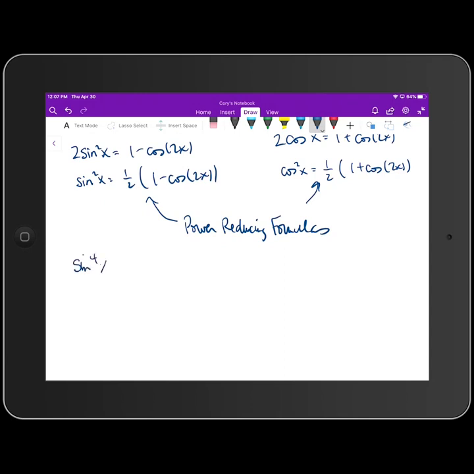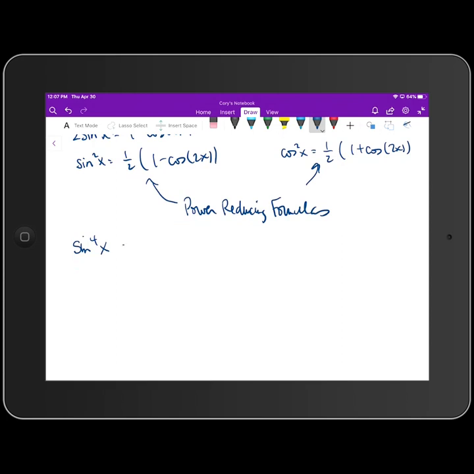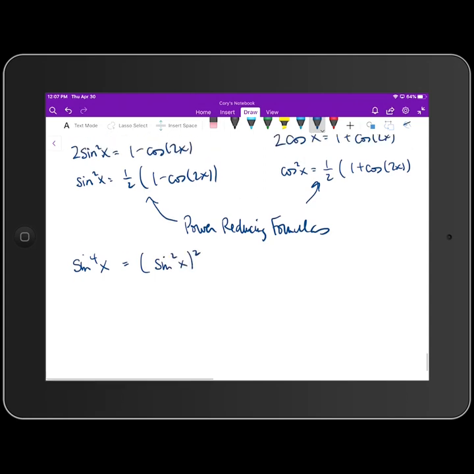What we want to do is take the sine of x raised to the 4th power, and use the power reducing formulas to rewrite that expression. So for the sine of x raised to the 4th power, that's like saying the sine squared of x quantity squared.